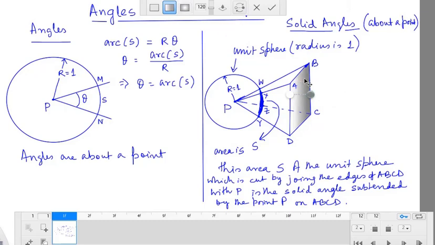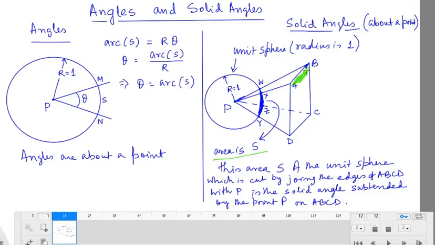Now what we do is we join all the edges, right, and we get a portion of the area which is being cut out from this unit sphere, this area S, and this area S is the solid angle.